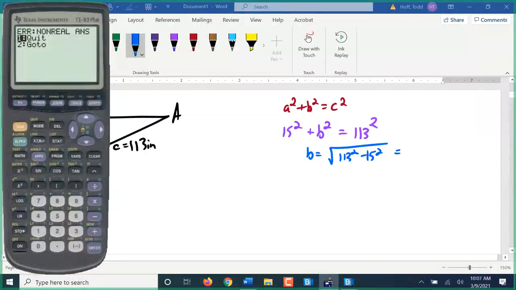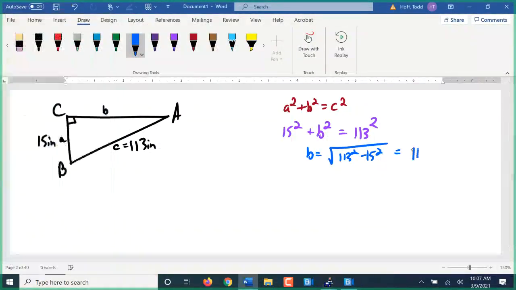That gives us 112. So I find B is 112 inches.